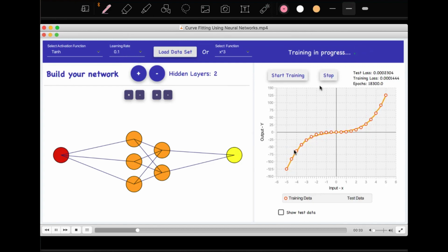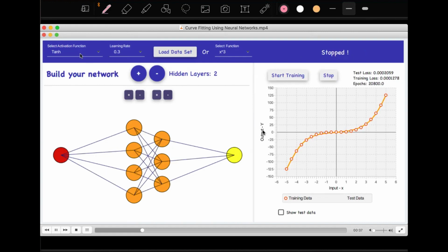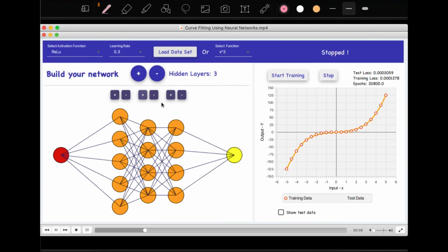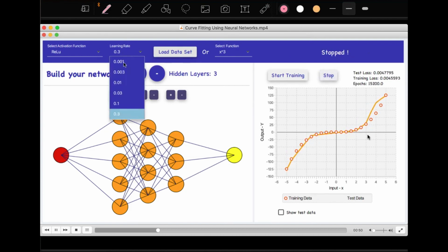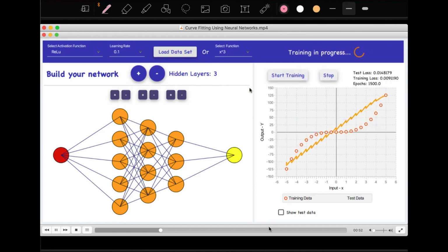It has completely overlapped onto it by running the training and test loss. This person has created it in JavaScript, and it's a very good application. As he increases the layers, it fits the curve more and more. Now he is changing the learning rate and that type of thing.